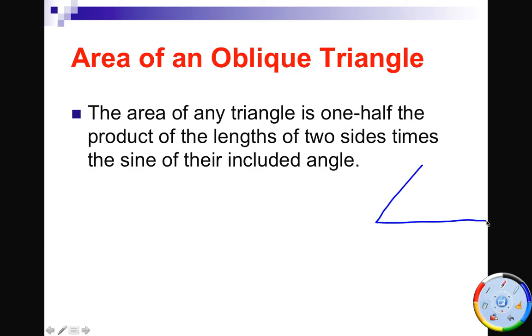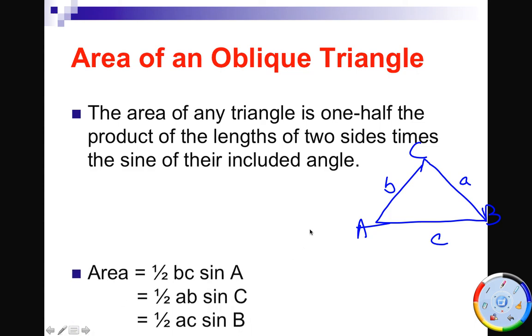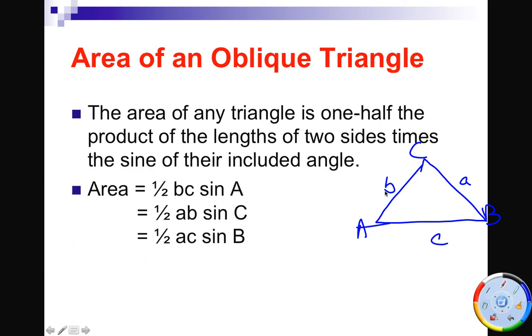So given some triangle over here, A, B, C with little a, little b, and little c, you take the sine of A times the sides beside it, divided by 2. So it's 1/2 times b times c times the sine of A that will get you the area of an oblique triangle. And you can use any one of these three, depending on what you're given. All right, very simple formula for you guys to follow. Very cool, though, because now you don't have to think too hard about how to find the area of a triangle.